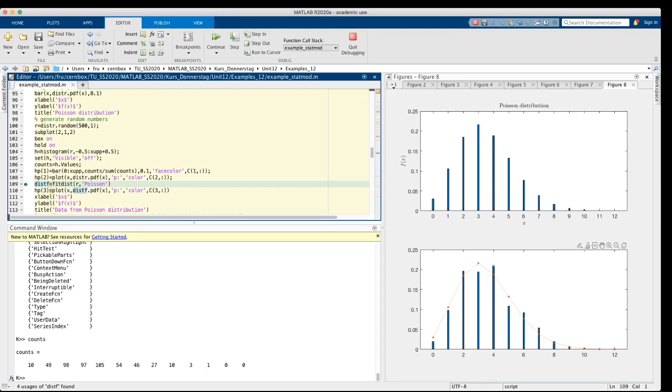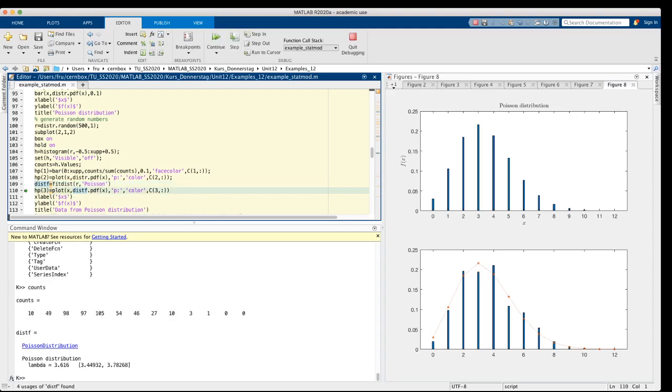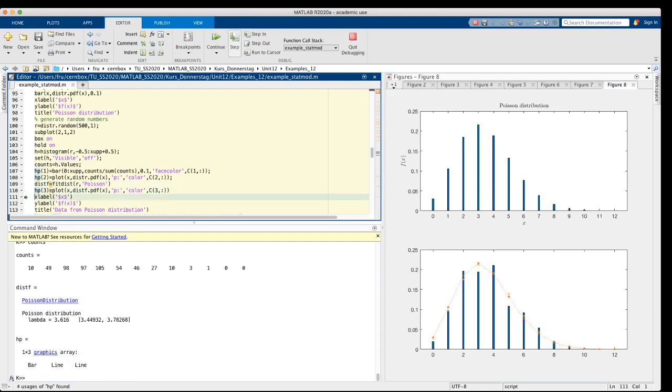So these are just the same values as in the upper panel. And now we can fit a Poisson distribution to this data, and we can plot the fitted PDF, which is again represented by the yellow stars or pentagrams.